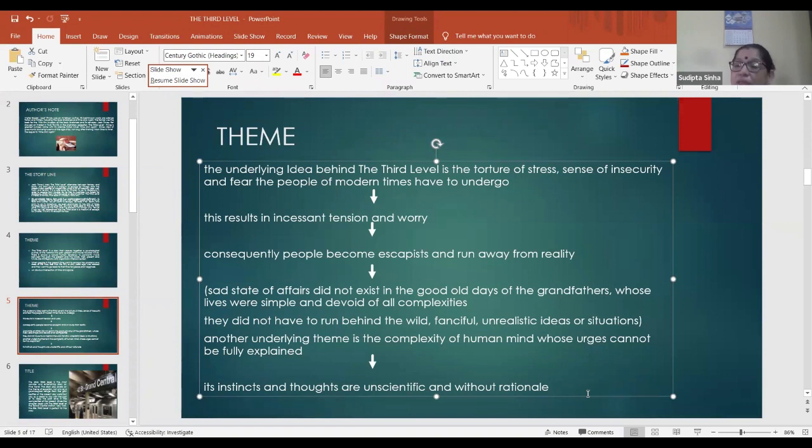And human mind again does not follow any kind of rationality. It's highly unscientific. Where, why, what, all these questions we cannot justify. People look very, very simple, very organized, systematic, but they do not necessarily follow a typical way of approach.